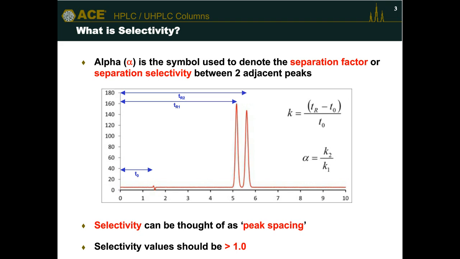Sometimes you hear selectivity thought of as peak spacing, those peaks that are next to each other in the chromatogram. And of course, normally our job as chromatographers is to try and separate the different compounds in our samples from each other, hopefully with baseline separation, so we can integrate and quantify those species to understand the complex samples that we're given by our colleagues every day.